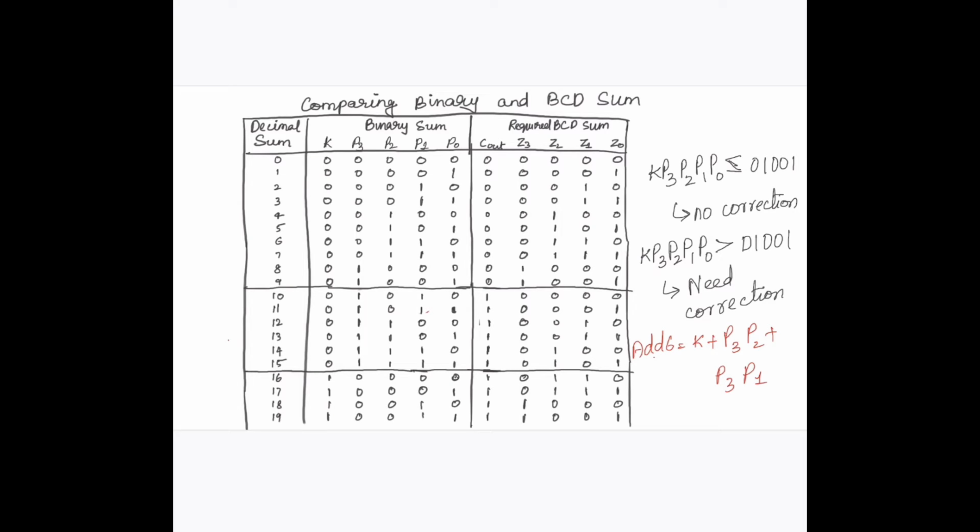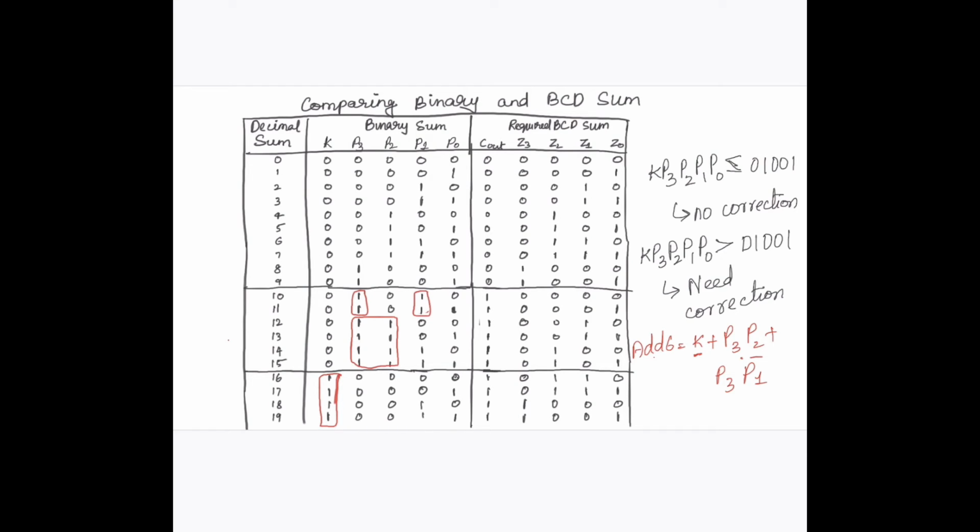In order to find out what the equation should be, from this truth table itself we can easily find it. One of the terms corresponds to K. So for adding 6, the expression will be K plus the other common term seen here, which corresponds to P3, P2, and the other min term corresponds to P3, P1.